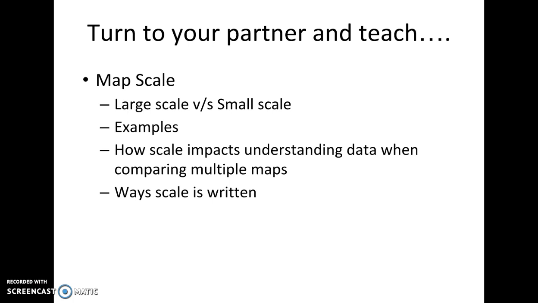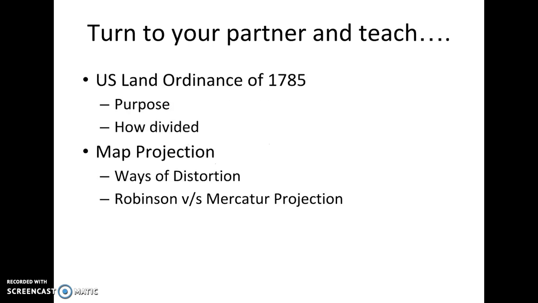Theoretically, the more urban areas vote more Democratic and the rural more Republican. That's not every time, but in general, we see this. So for purposes of accuracy, the large scale maps are more accurate. They show more detail.